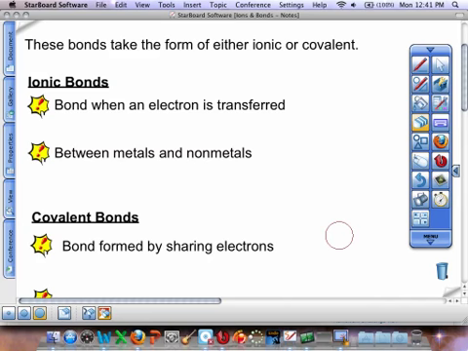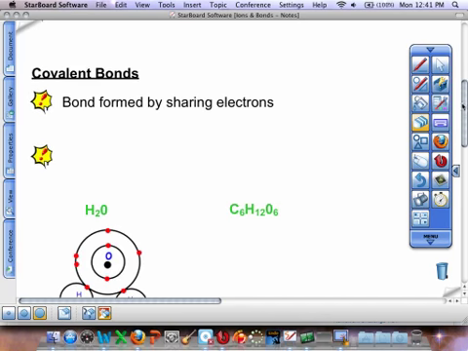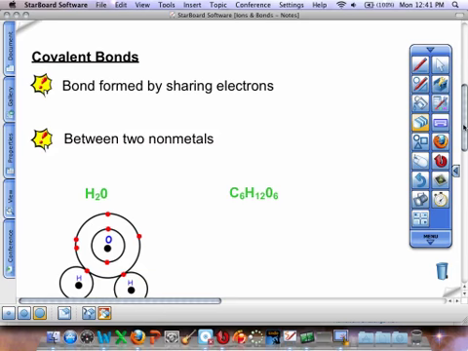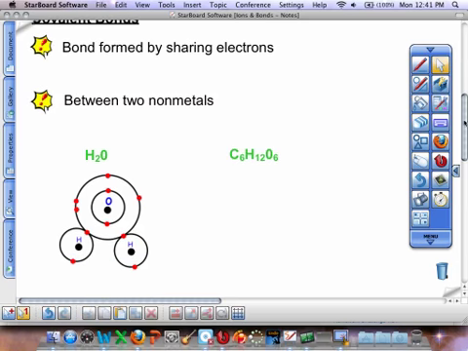And these types of bonds take place between two nonmetals. So two examples, pretty easily, we have water, H2O.